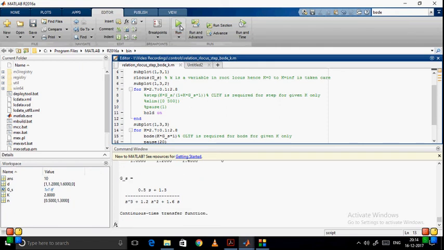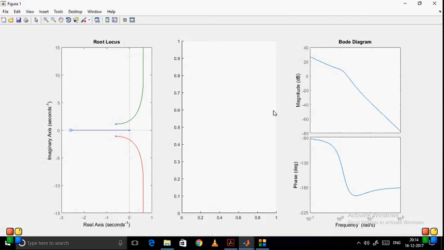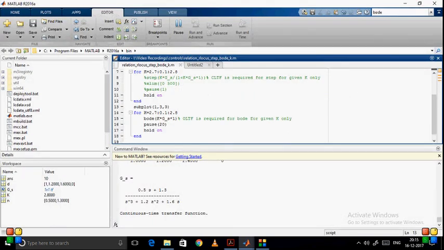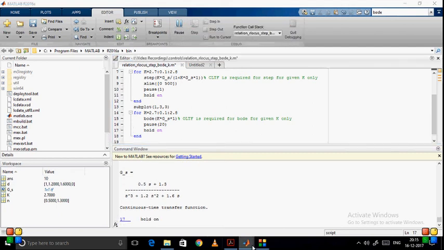Okay, so let us understand all the things at once. Okay, look at the output. What we did, yeah, we just forgot to uncomment this. Yes, sorry. Okay, pause. Let us run again.